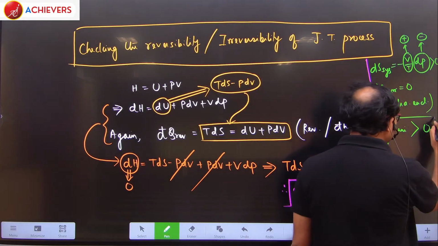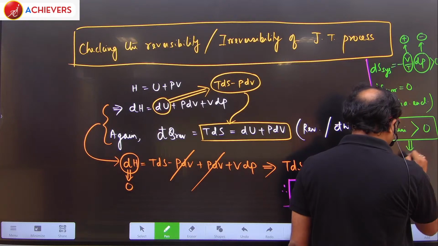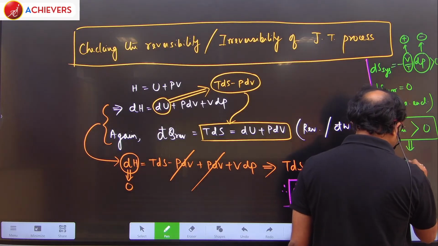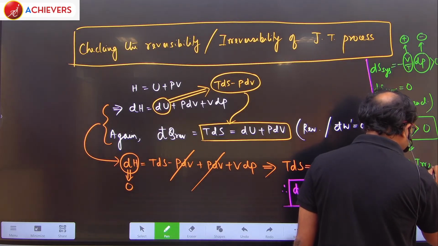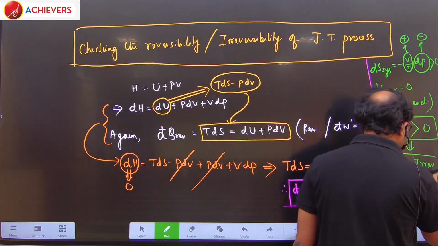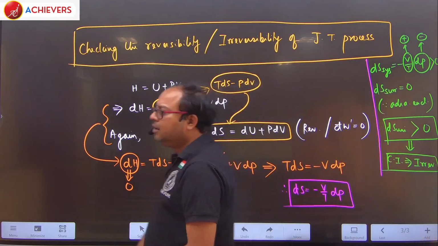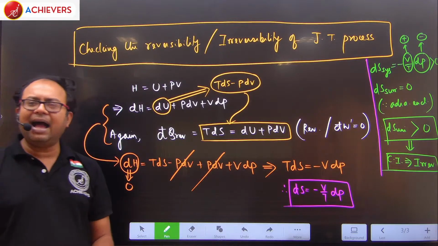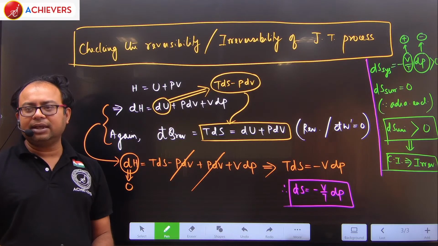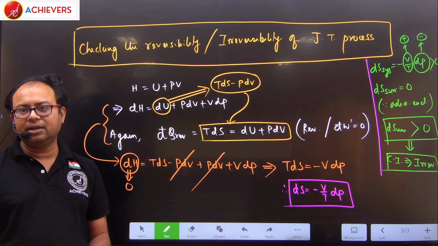And if dS universe is positive, then according to the Clausius inequality, the process ought to be irreversible in nature. So we find that the Joule-Thomson process is irreversible in nature.